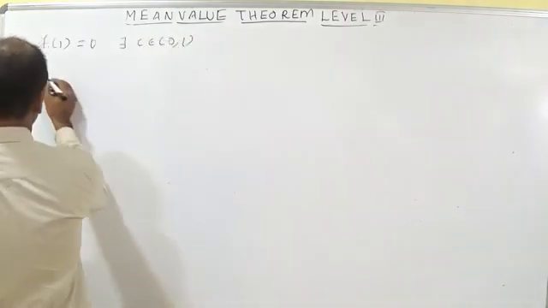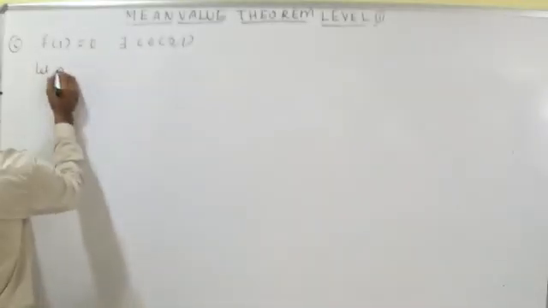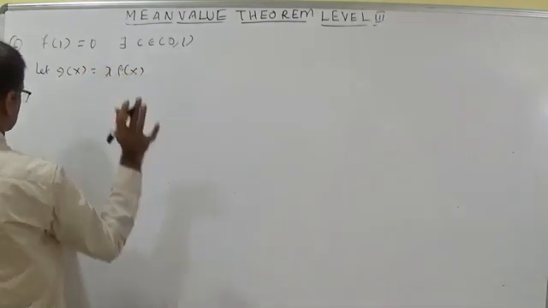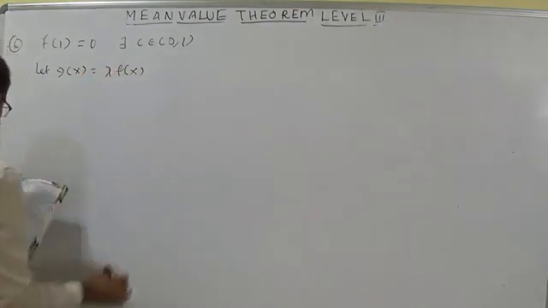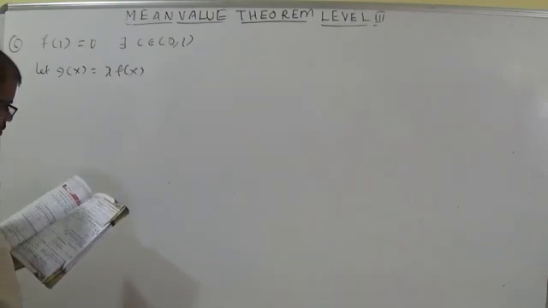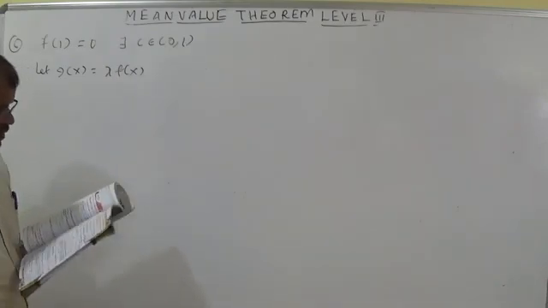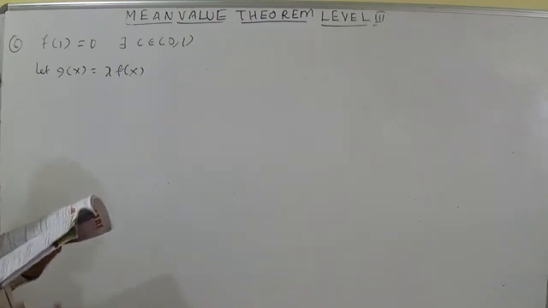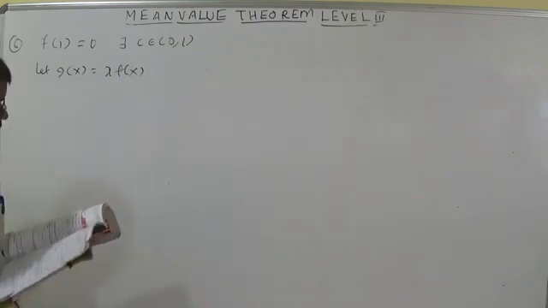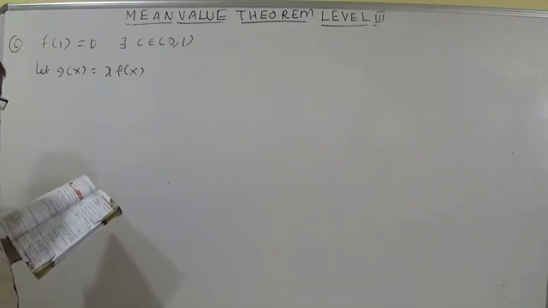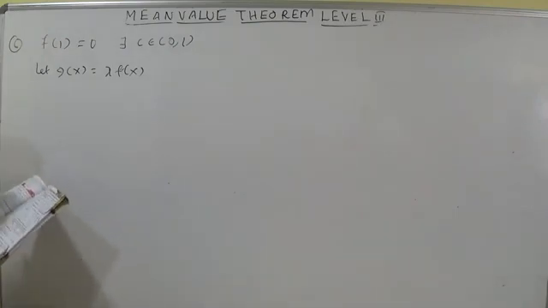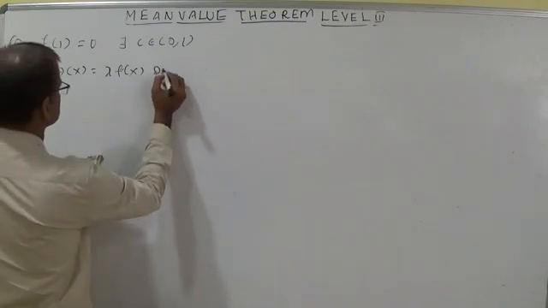Let the function g of x be equal to x into f of x. F is a continuous function on 0, 1 and differentiable on 0, 1, such that f of 1 is equal to 0, and c belongs to 0, 1.